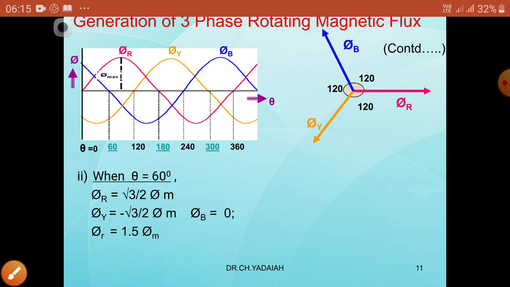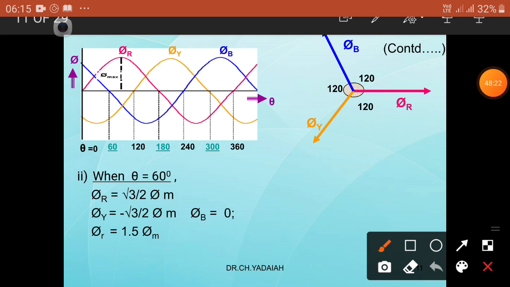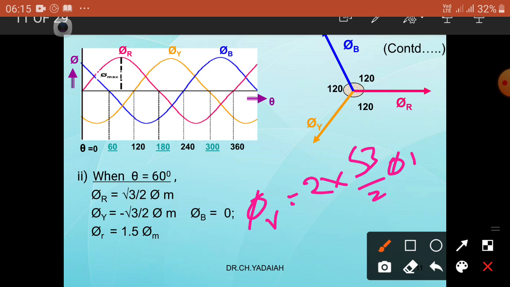So this equation you can simply write: phi r is equal to 2 into root 3 by 2 phi m and cos theta by 2. Here, 2 into root 3 by 2 into phi m into cos theta. What is the theta? 60. 60 by 2, 30. Cos 30 is equal to what? Root 3 by 2. Then we are going to root 3 by 2, root 3 by 2.